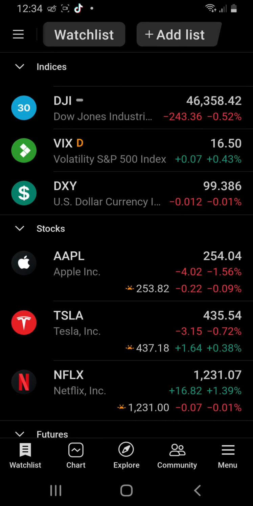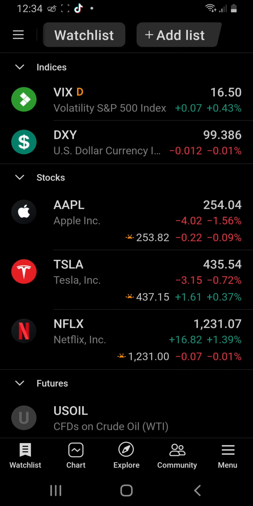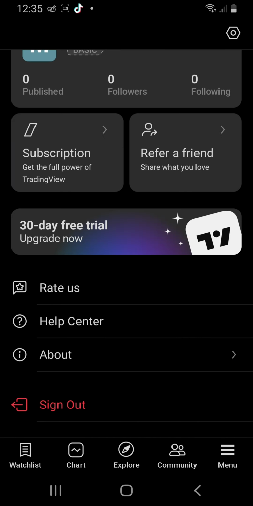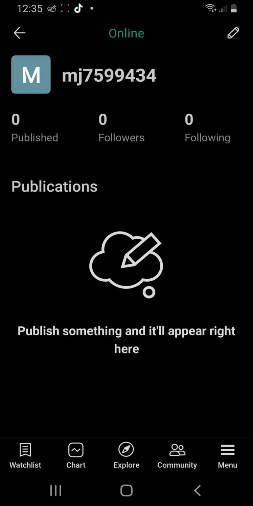So first thing, if you enter TradingView, the first thing you are going to do is find the menu in your navigation bar. So you go to menu. After you go to menu, if you have not signed up, you come here and sign up. Make sure you sign up. You see followers and following, so it means there is something we call social media interaction, where you can interact with different people from different communities.